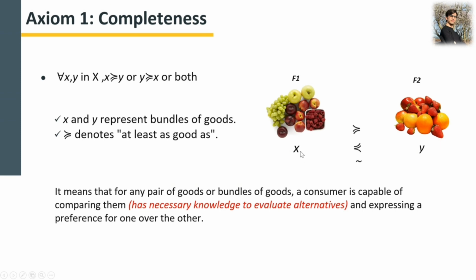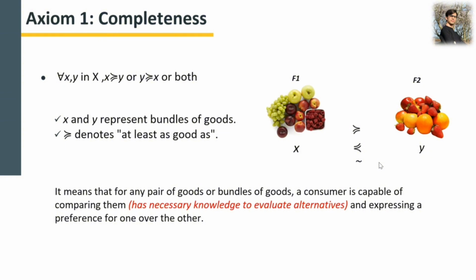Either a person can weakly prefer X to Y, or the other way around, Y to X, or can be indifferent between both. That means for a consumer, either X is at least as good as Y, or Y is at least as good as X, or a consumer can be indifferent between the two bundles. Between F1 and F2, it means they have the same fulfillment, the same desire, the same satisfaction and happiness for a consumer. So this is the axiom of completeness.